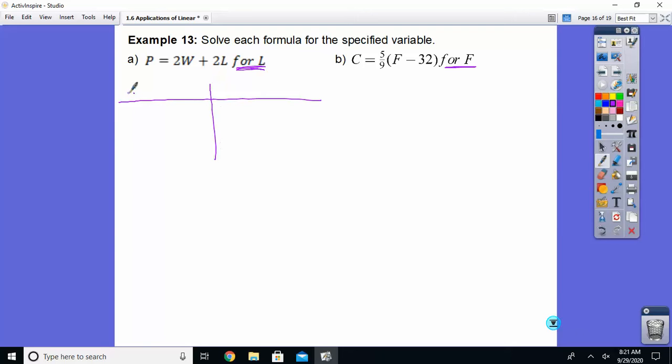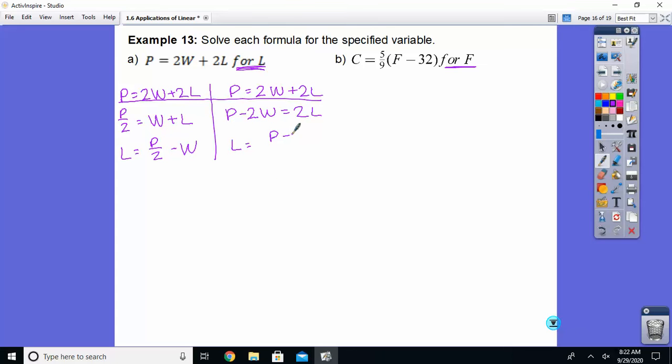The first route, you could divide everything by 2, so you get P over 2 equals W plus L. And then subtract W, so your L is P over 2 minus W. And that's fine. What's the other way you could have done it? Subtract 2W. So P minus 2W equals 2L, and then you might have had P minus 2W over 2. Either of those answers is okay.